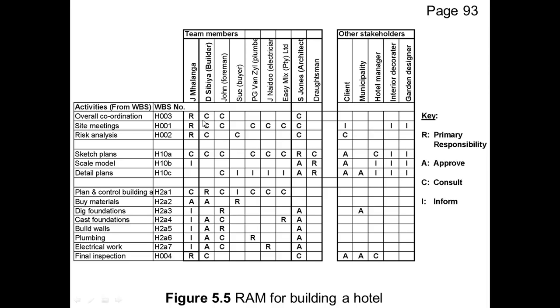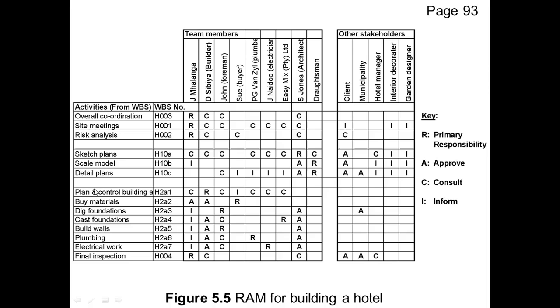Can you note one thing on this responsibility allocation matrix, and that is that there is only one person responsible for each activity. If you go through the whole matrix, you will see that never is there more than one person responsible for an activity. Why is that? It's because if we make more than one person responsible for an activity, that's the easiest way of passing the buck.